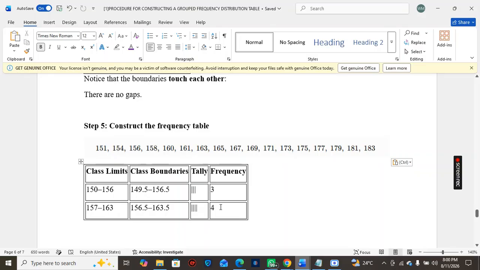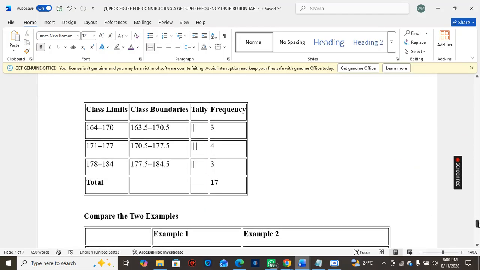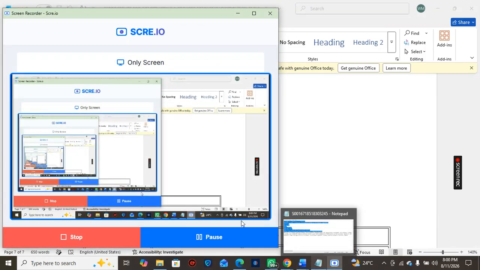We've got 4. And that's how you do it. You just find which numbers fall in the classes, get the tallies, and then make the frequency table. Any questions, colleagues?